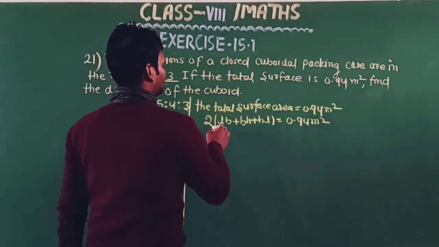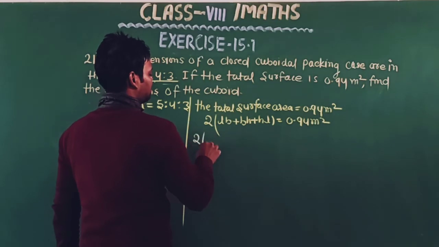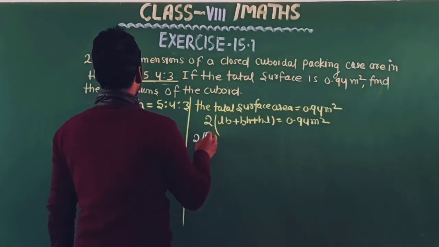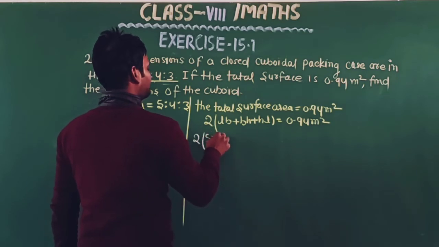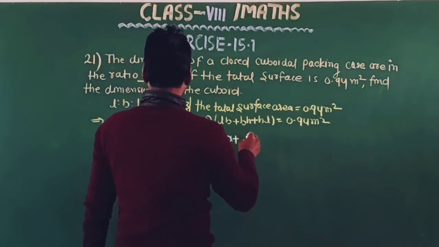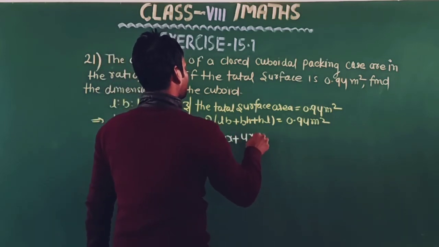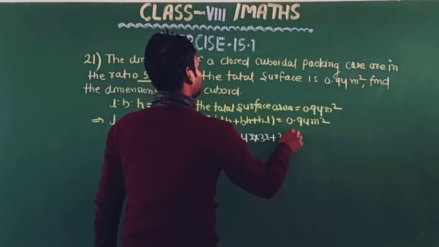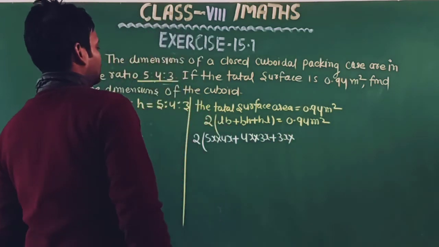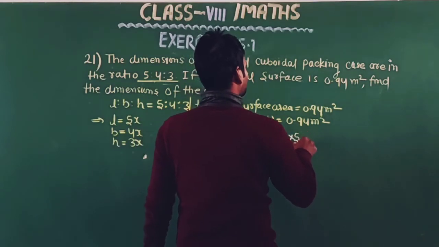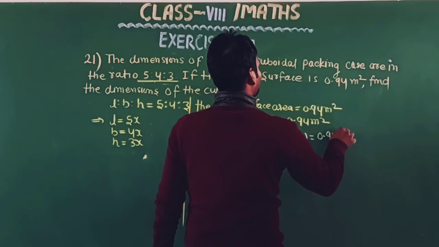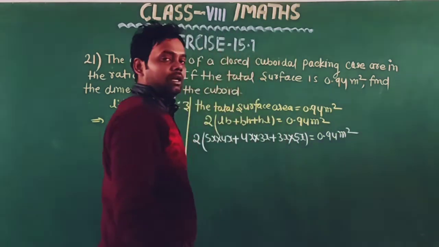Now substituting the values of the dimensions, this is 2 into (L is 5x into B is 4x, plus B is 4x into H is 3x, plus 3x into L is 5x) equal to 0.94 meter square.